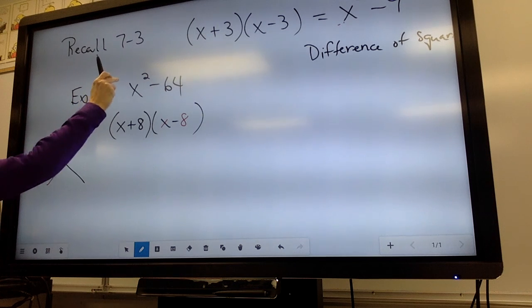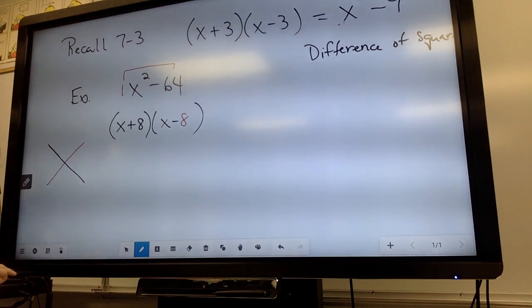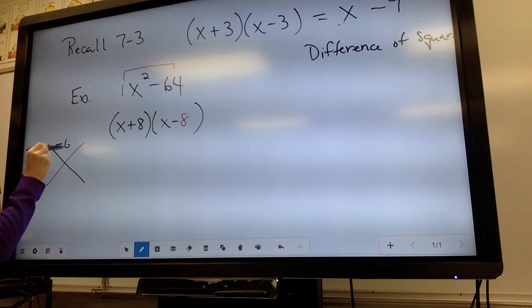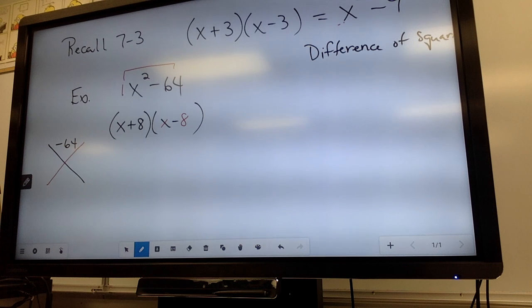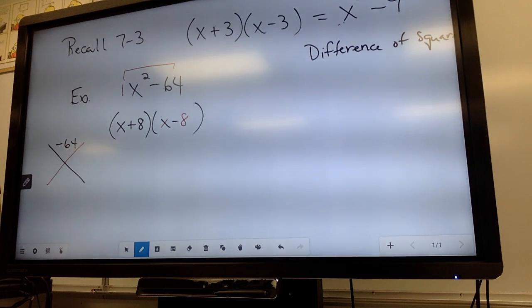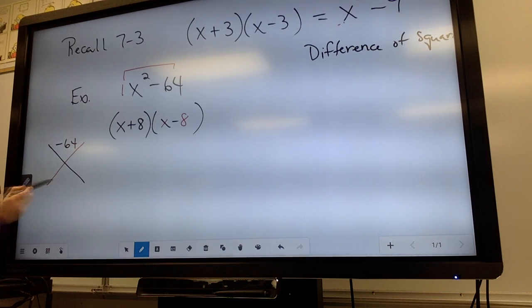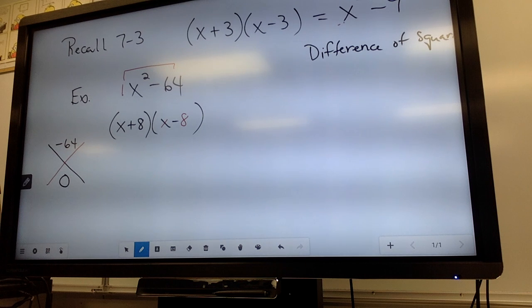When you multiply the first digit times the last digit, this is a 1 times a negative 64. So you're getting negative 64. But what about the middle term in this example? There is none. So what we would say for the coefficient is a 0. There's 0 x's.